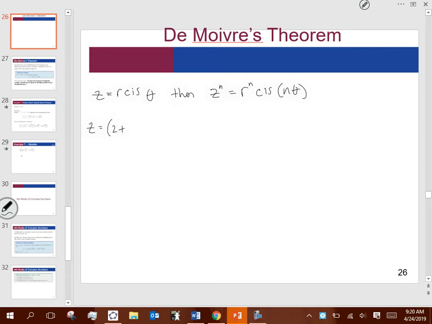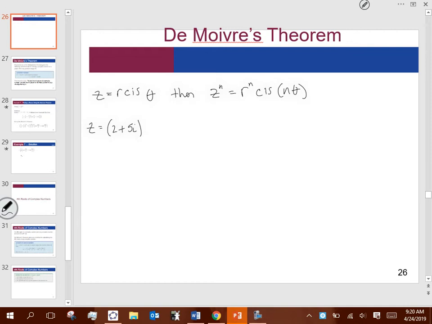But the mistakes we made are a great example, a great visualization of why De Moivre's theorem is used. Because when we go through this 2 plus 5i, I'm going to raise that to the 12th power in a moment, and we're going to FOIL it. We messed up FOILing. We did some multiplication that was wrong at one point, or some addition that was wrong, and then that messed everything else up.